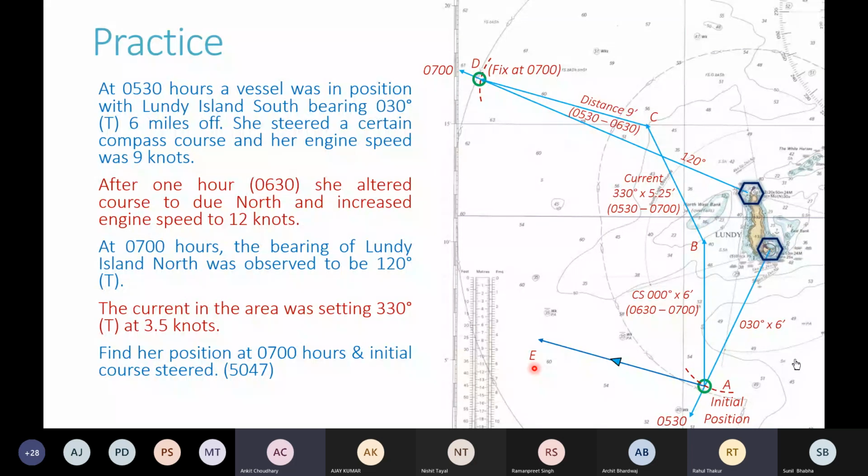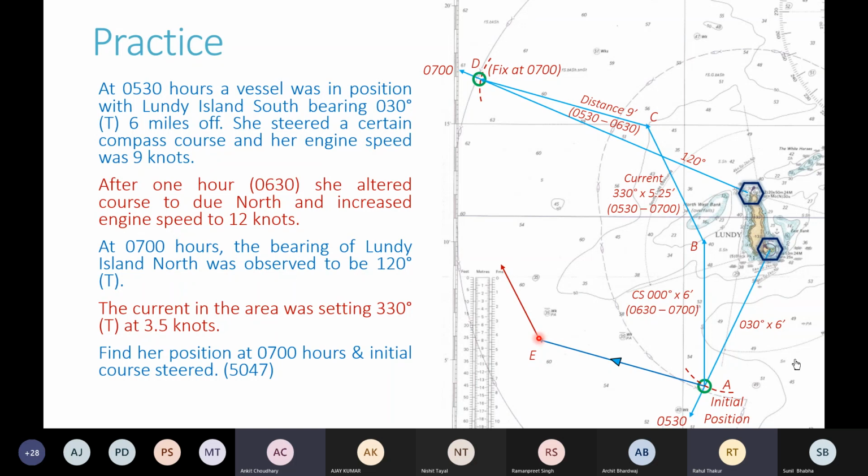Now let's apply the current also for the first hour. I have the set of the current, 330. I have the rate of the current also, which is 3.5 knots. So from point E, I apply my current vector. Now be careful, this current vector is for 1 hour duration, because my CTS vector is also for 1 hour duration.